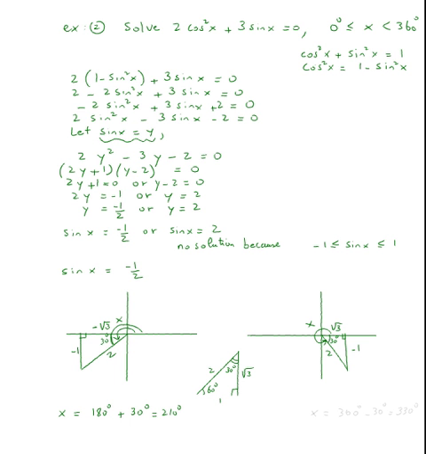For the other case, x will be equal 360 degrees minus 30 degrees, which is equal to 330 degrees. Just think of it as one whole revolution minus the angle of reference, 30 degrees.